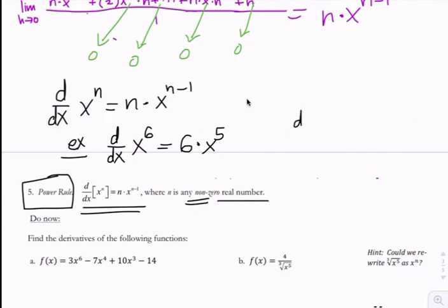I could take the derivative of x to the negative 1/2 power, which is going to be negative 1/2 times x to the negative 1/2 minus 1, which is negative 3/2. So you can do an enormous number of derivatives using the power rule.